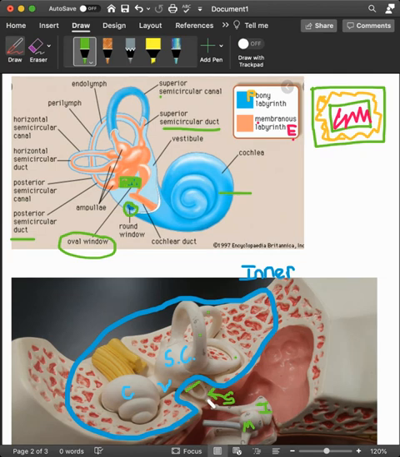So this is actually what separates the inner and middle ear, the round window, not the oval window or the stapes. So that is how these structures are connected and how we classify them versus looking at what they're filled with and what their actual function is. All right.